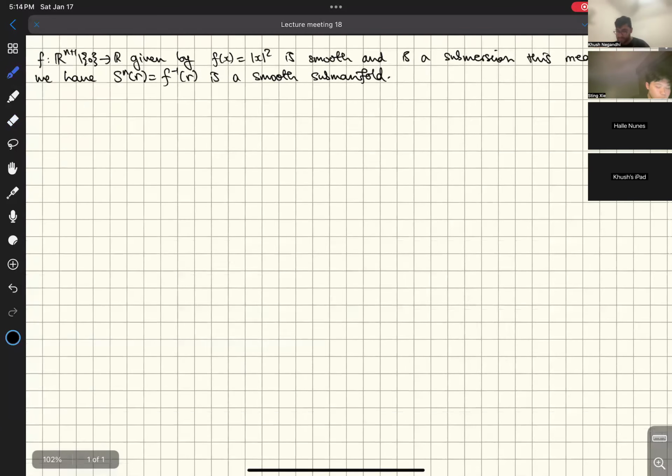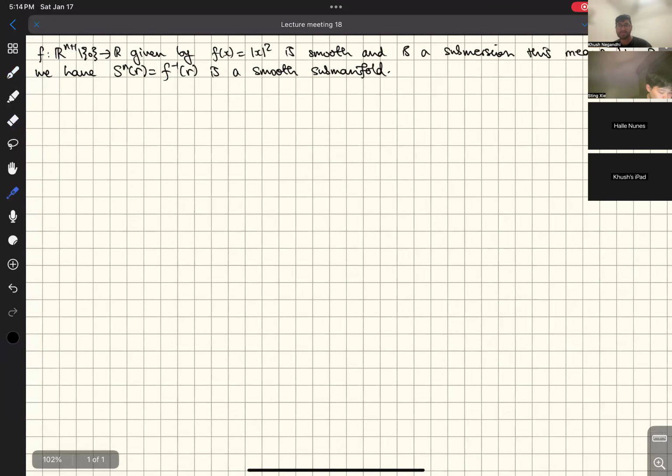Okay, so this is what the regular level set theorem was, and these level sets are precisely spheres of radius r, right? That's sort of built into this definition. You're looking at all points that have a distance r away from the origin, and that's clearly a sphere of radius r.